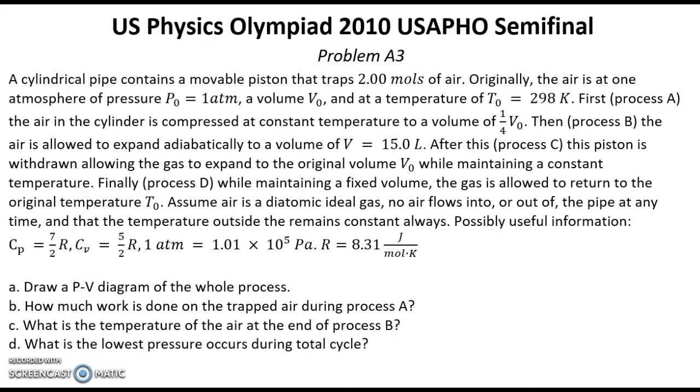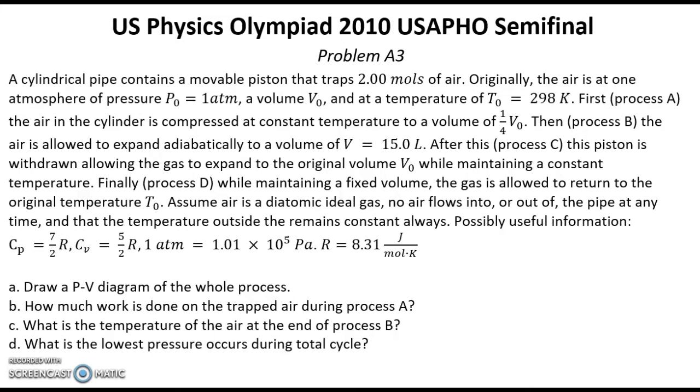After this, process C, this piston is withdrawn, allowing the gas to expand to the original volume V0 while maintaining a constant temperature. Finally, process D, while maintaining a fixed volume, the gas is allowed to return to the original temperature T0. Assume air is a diatomic ideal gas.